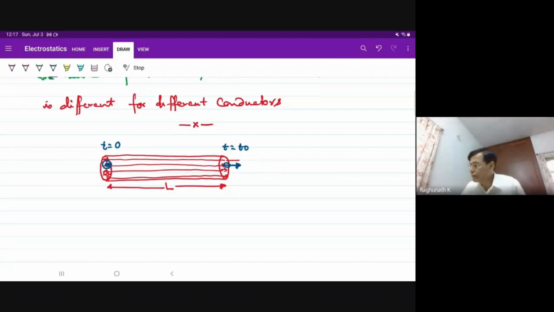Since water is incompressible, carefully see this. At t is equal to 0, when the particle enters this pipe, water was there in the pipe.